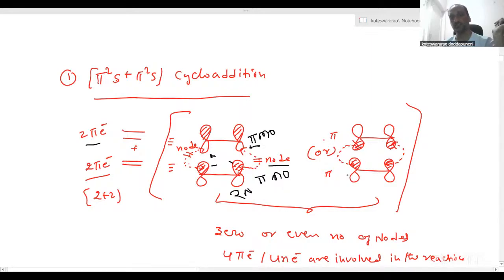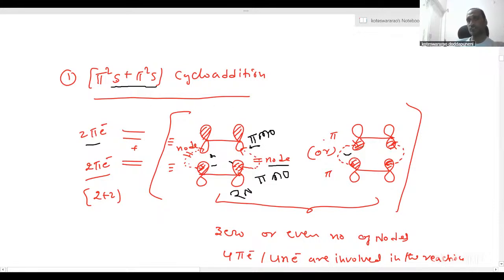Another alternative: if you draw like this, the positive phase is shown at the bottom and the negative phase above the plane. In the other olefin, the positive phase is shown above and the negative phase below. You maintain the standard interaction at one place, and show the second interaction according to the stereochemistry applied, supra mode of addition.